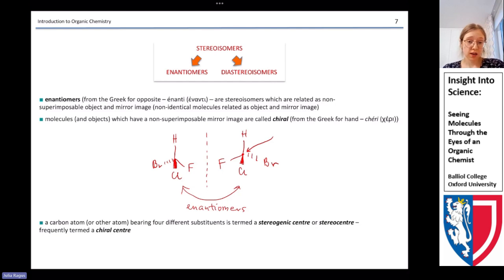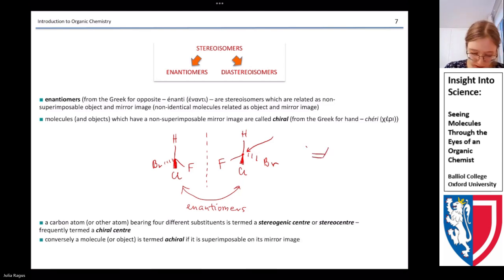And also, if we have two same substituents, or if we can find a molecule that is superimposable on its mirror image, for example, your alkene, and we take a mirror image of this one, then we see that the mirror image is exactly the same as the original object, and therefore it is achiral.